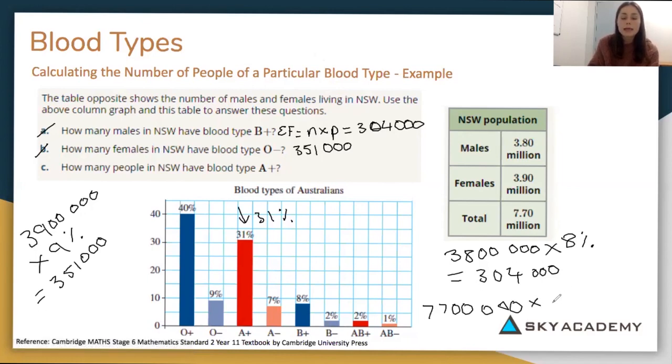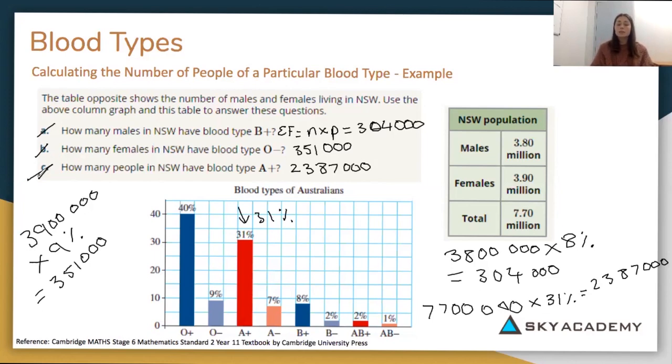It's going to give us a really big number this time. It's going to give us 2,387,000.